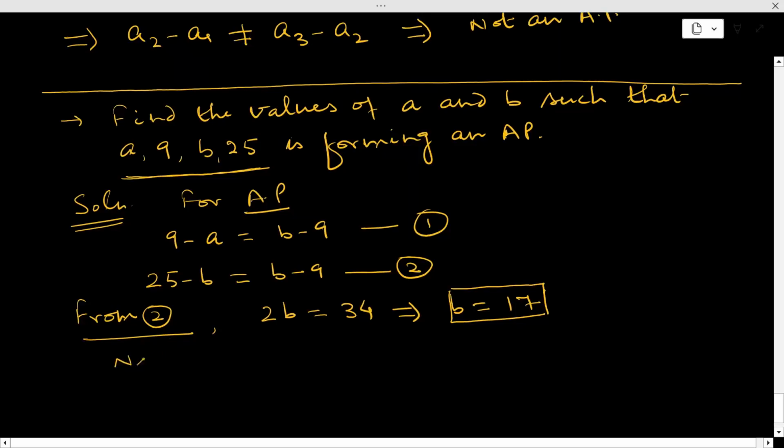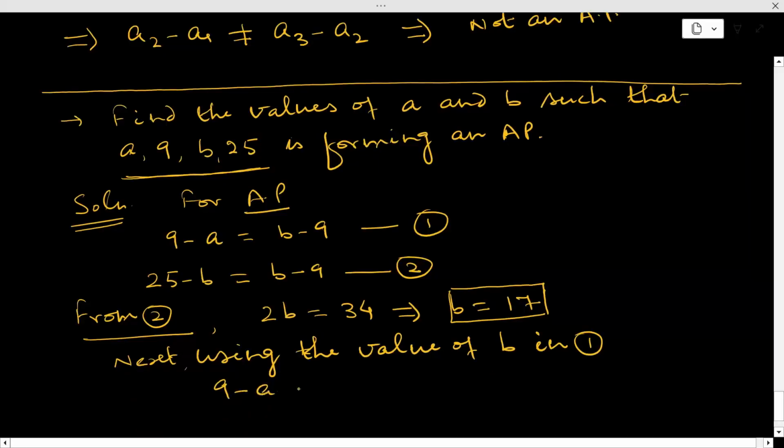Now next, using the value of B in 1. So 1 in 1, what we are having? We are having 9 minus A is equals to B minus 9.